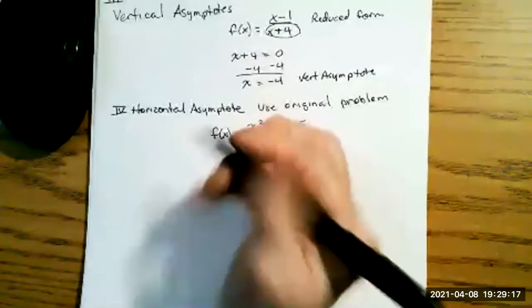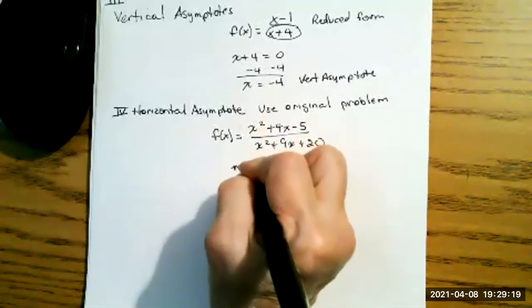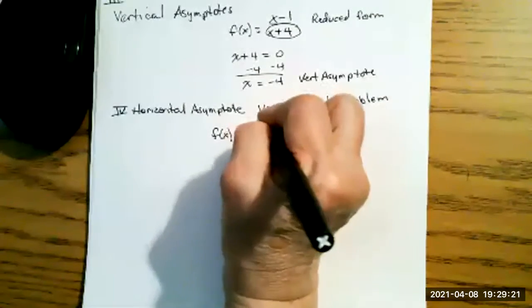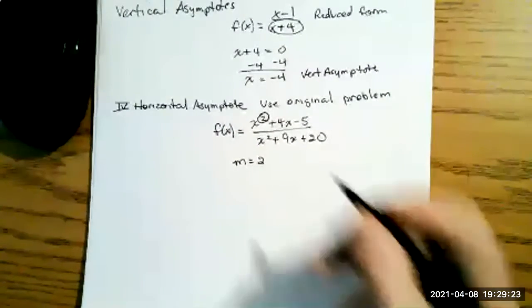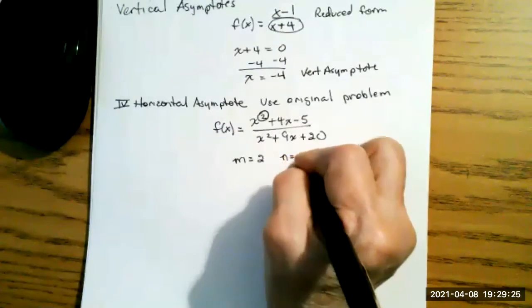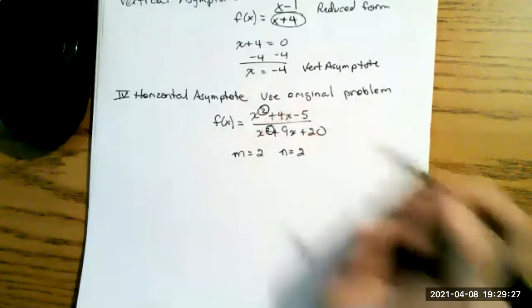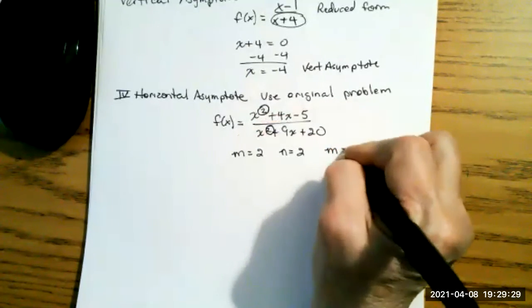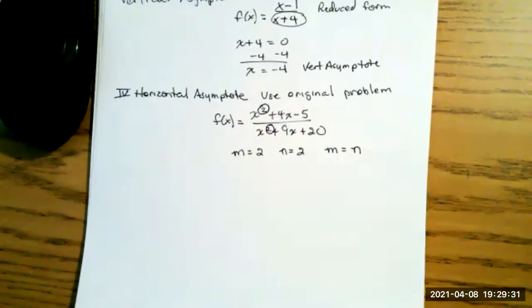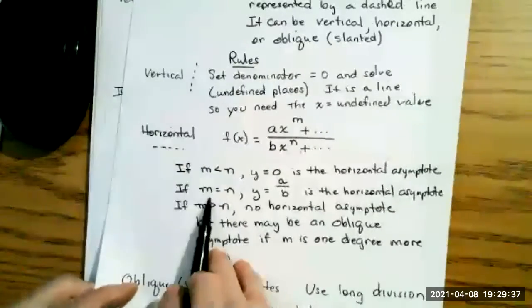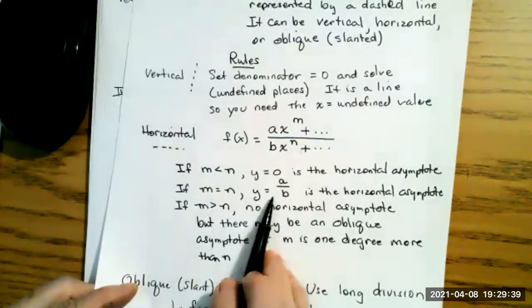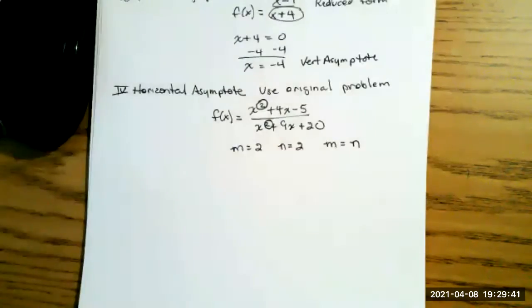All right, so our m is equal to 2, and our n is equal to 2. So that means m is equal to n. So I grab my rule sheet, and if m is equal to n, y equals a over b.